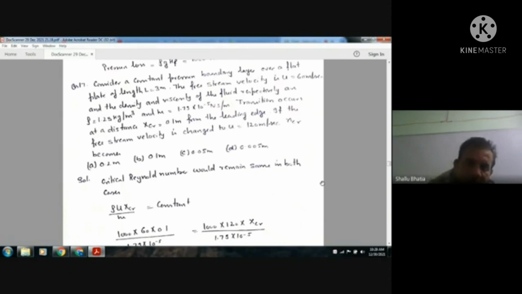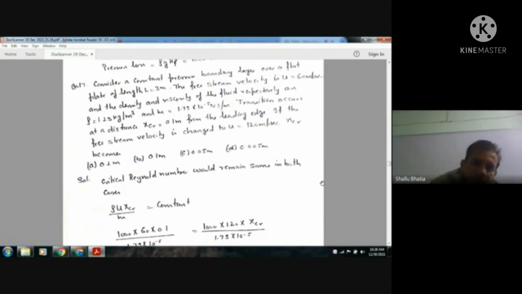Transition occurs at a distance xcr equal to 0.1 meter from the leading edge. If the free stream velocity is changed to u equal to 120 meter per second, the xcr becomes: option A 0.2 meter, option B 0.1 meter, option C 0.05 meter, option D 0.005 meter.